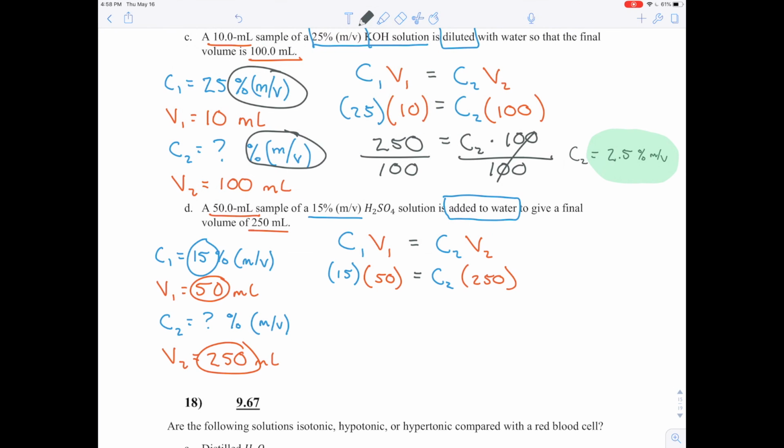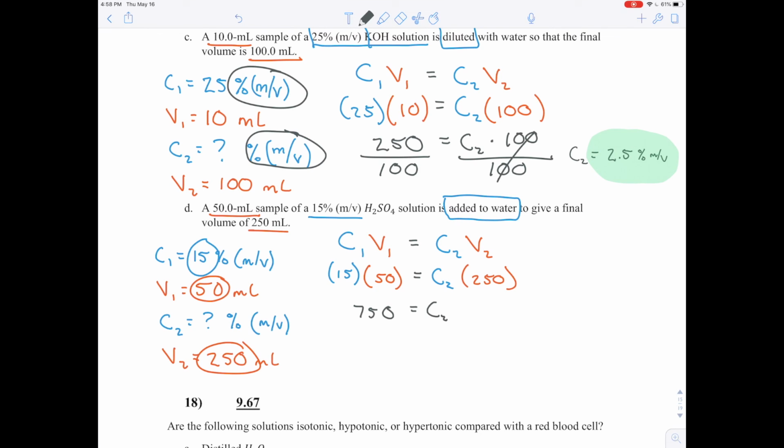All right, so you would multiply the left side, 15 times 50. 15 times 50 would be 750, so that's the left side.